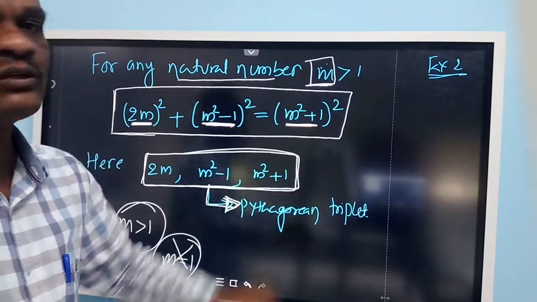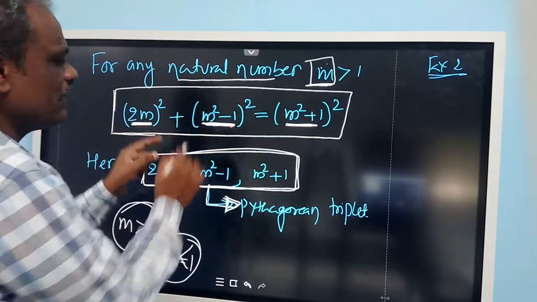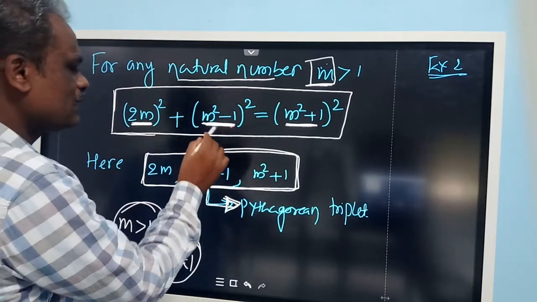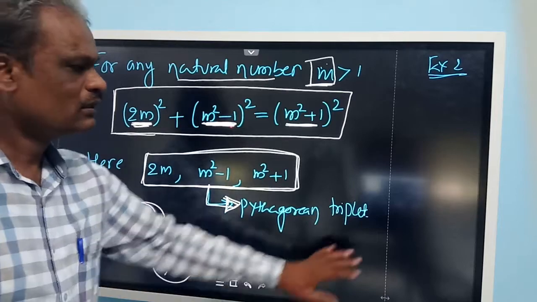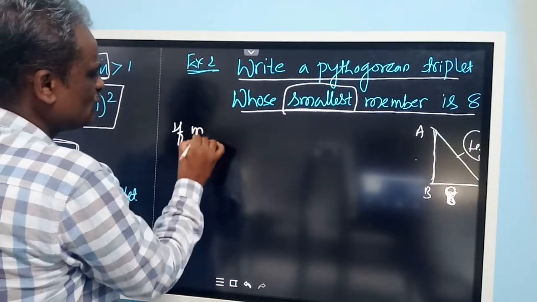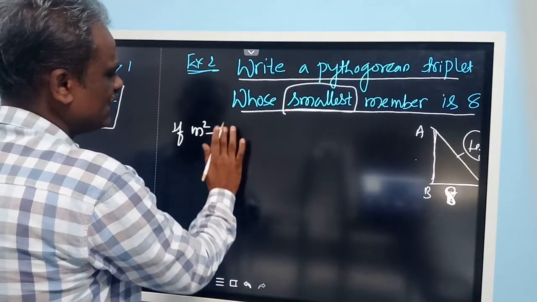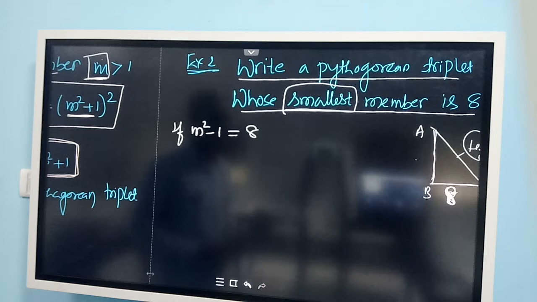Here in this case, m square plus 1 is the hypotenuse. The other two sides are 2m and m square minus 1. So I can take either this as 8 or this as 8. Suppose I take m square minus 1 as 8. Let us take m square minus 1 is equal to 8.